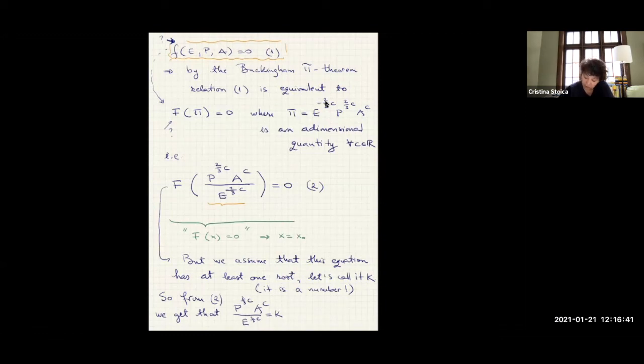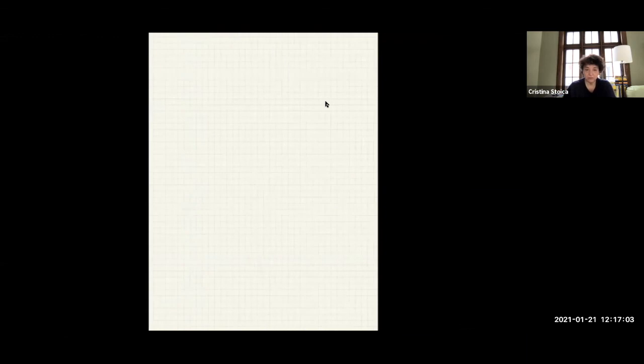By the way, as an observation, this constant depends on the value of C. So for every C, we're going to get a different constant, but that's irrelevant. It's just for completion. All right, so now I'm going to flip the page. So where are we?